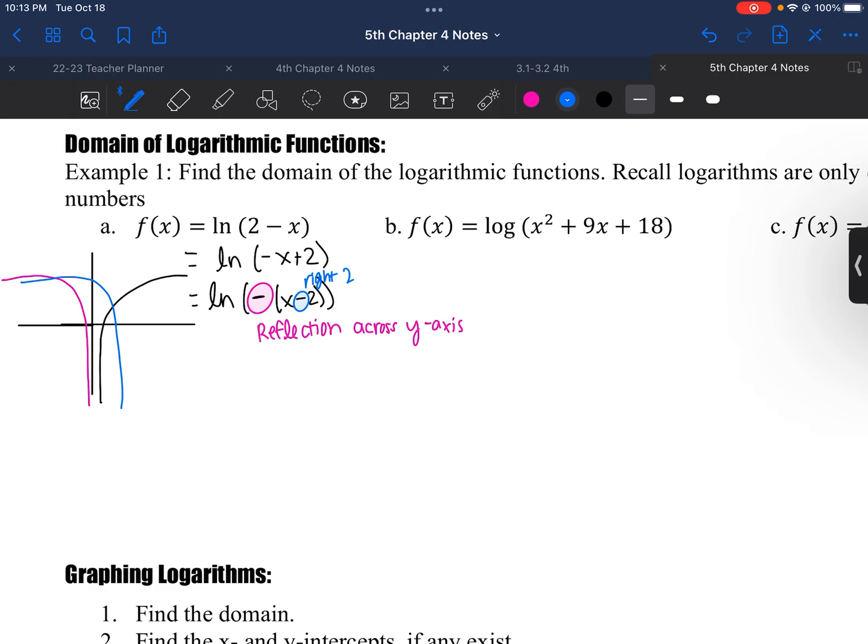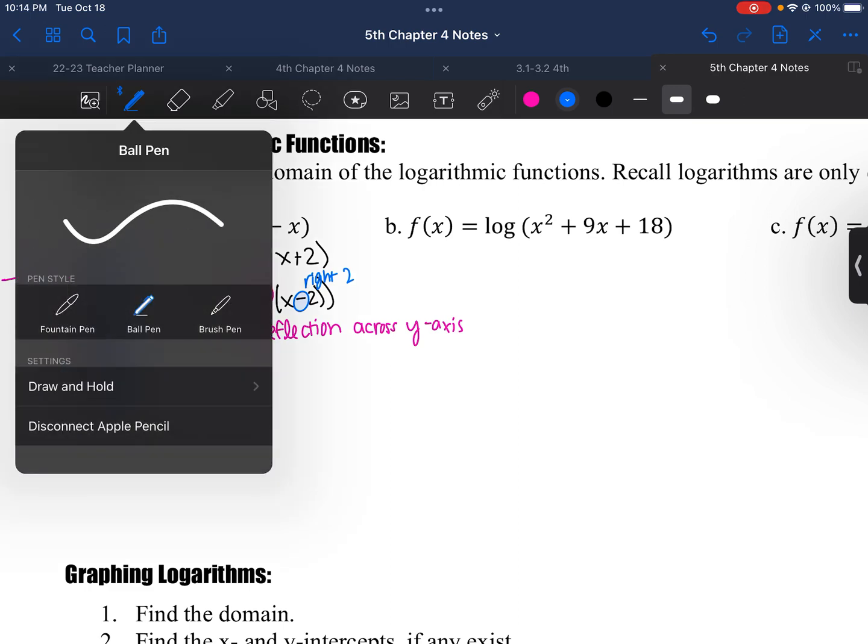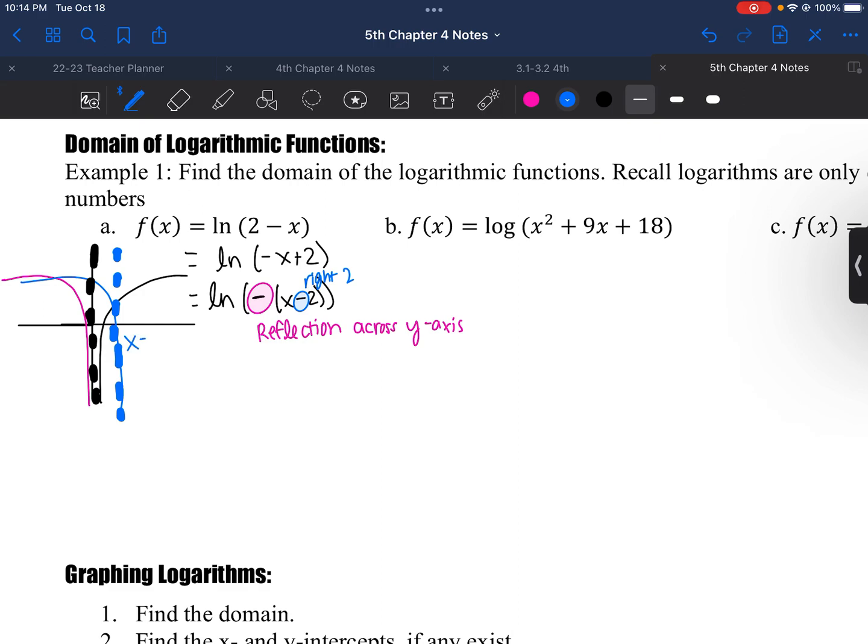And remember, there would be an asymptote. In the original, the asymptote would be across here. But when we shift it right 2, our asymptote comes with us. So our asymptote also shifts right 2. So the equation of the asymptote is x equals 2. So the domain of this one would be anything from negative infinity all the way up until 2.